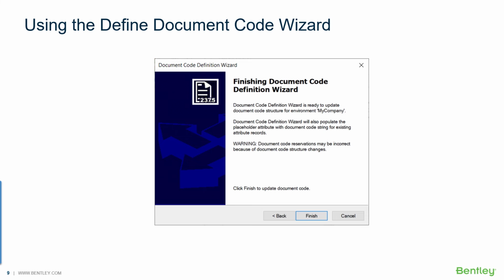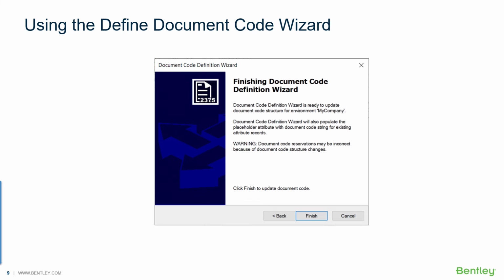If all validation checks pass, the placeholder attribute, if it was selected, will be populated with the document code for any existing attributed documents. There is a warning that previously created document code restrictions may no longer be valid if changes were made. Document code restrictions will be covered in the next part of this course.